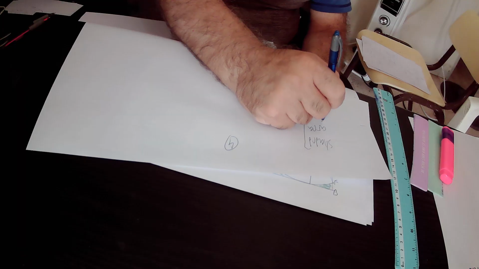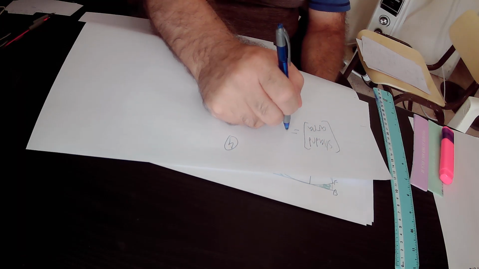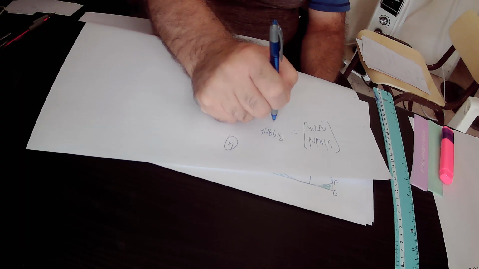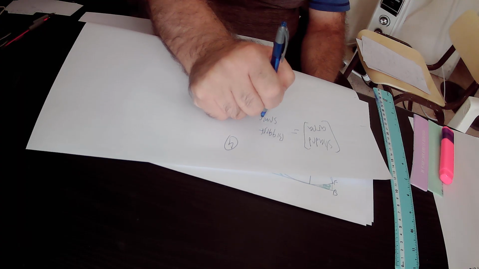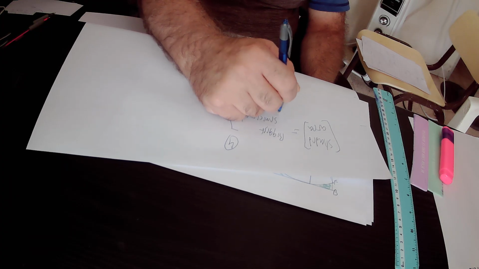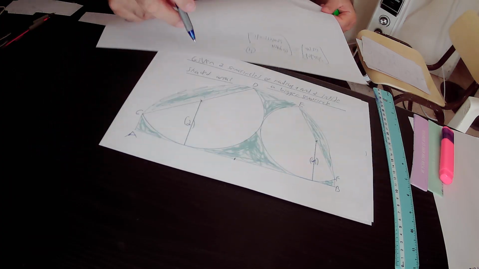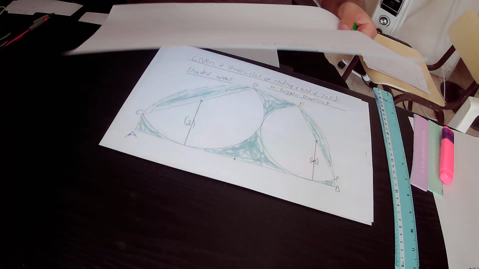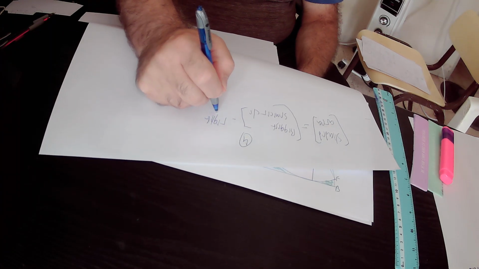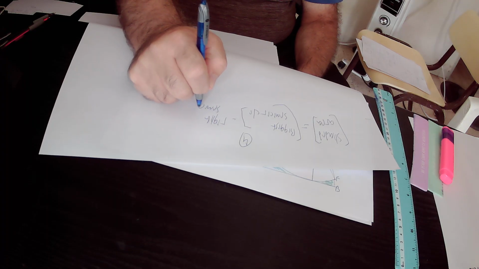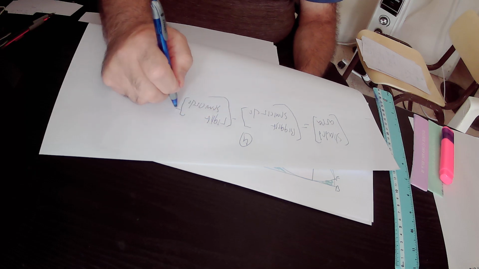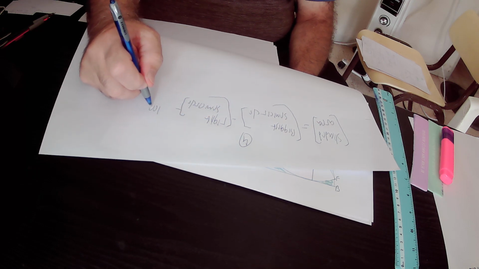It must be equal to the area of the biggest semicircle minus the area of the right semicircle minus the area of the left semicircle.